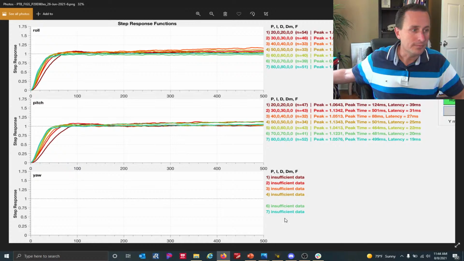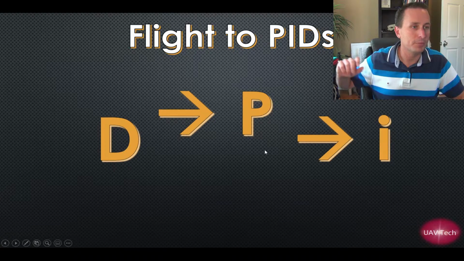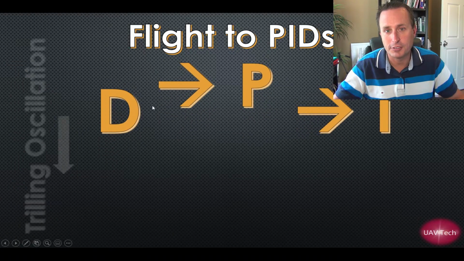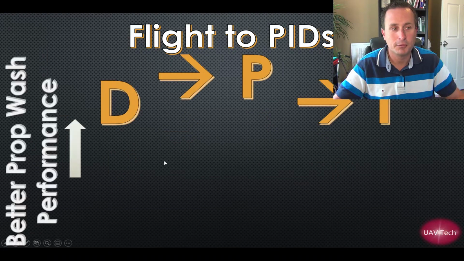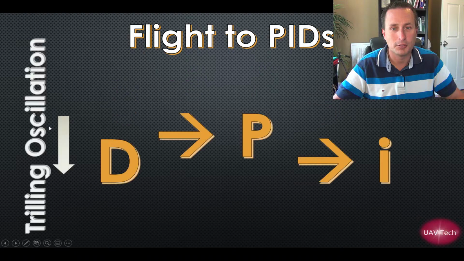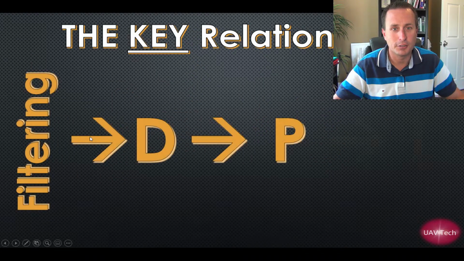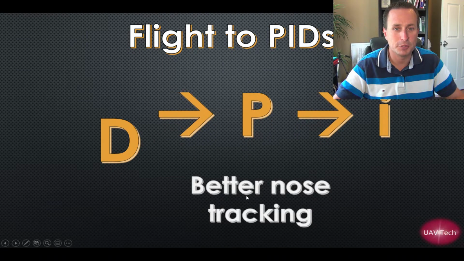So this concept here of, okay, well, if I want to increase my prop wash performance, I just raise them all together. If I want to decrease something else, I just lower them all together. As long as you hold these ratios between these other two, it's not like when you increase or decrease these that you're going to mess up other things, like, let's just say, your nose tracking.